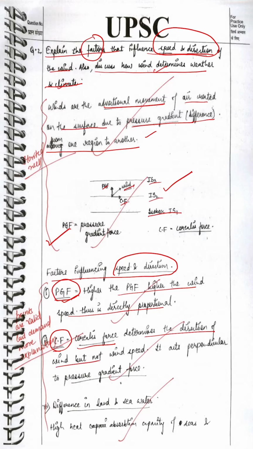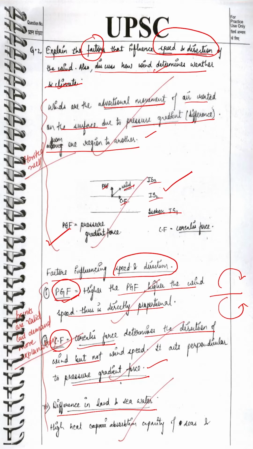For example, in the northern hemisphere it moves in the clockwise direction, and in the southern hemisphere in the anti-clockwise direction. Along with the pressure gradient force, it influences the speed and direction of the wind.